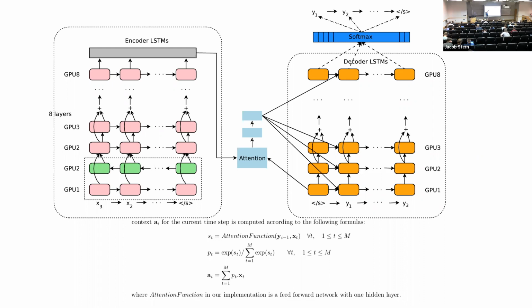I don't think this gray bar represents x1, x2, all the way to xm. So there are multiple hidden states in that gray bar at the top. So the decoder takes as input a weighted combination of information from this gray bar. Does that make sense? Okay.